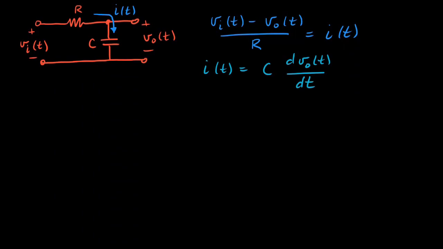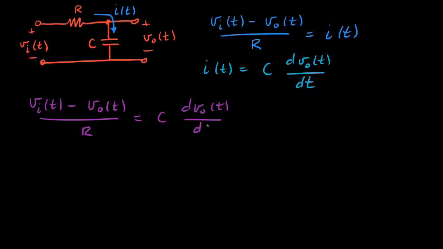Obviously both of those expressions must be equal. And so given that, I can write it in one big expression: V in of t minus V out of t over R equals C dV out of t dt.